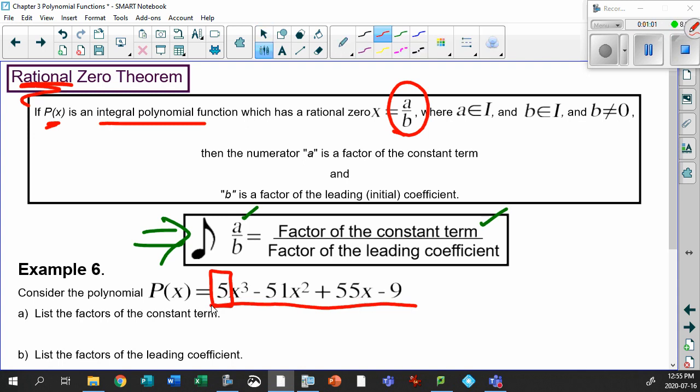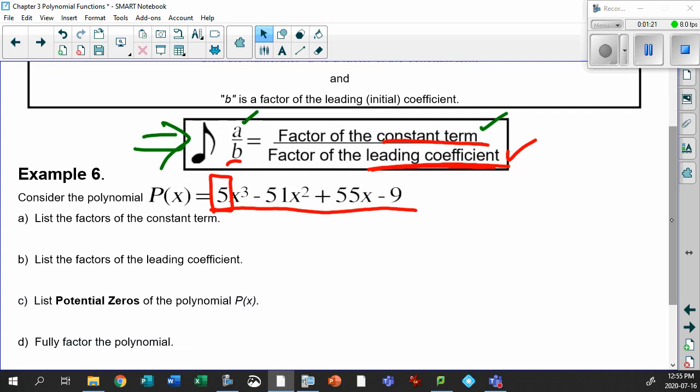B works out to be all of the factors of the leading coefficient. So take the factors of the constant term divided by the factors of the leading coefficient, and you'll get all the potential factors of that polynomial. You're probably going, I don't get it. Let me show you. It's really, really simple.